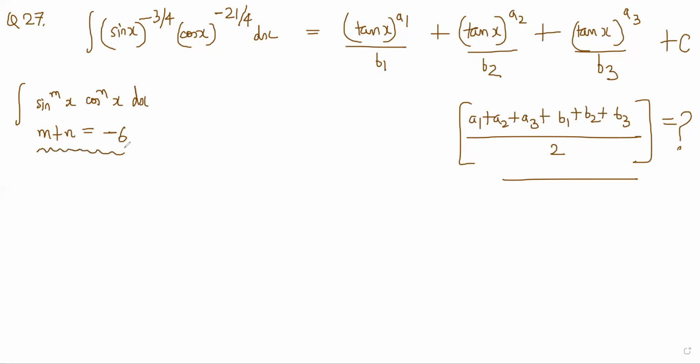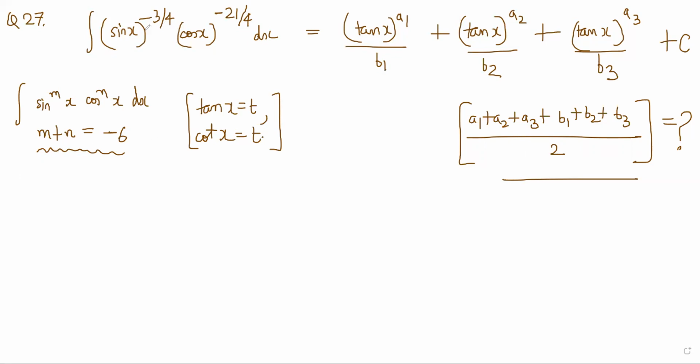Whenever m plus n is a negative integer, generally tan x is a good substitution. Tan x equal to t, or cot x equal to t, could be good substitutions whenever m plus n adds up to a negative integer. So that is a standard technique. You'll find this in any textbook that you see. So let's see how we can use this, right?